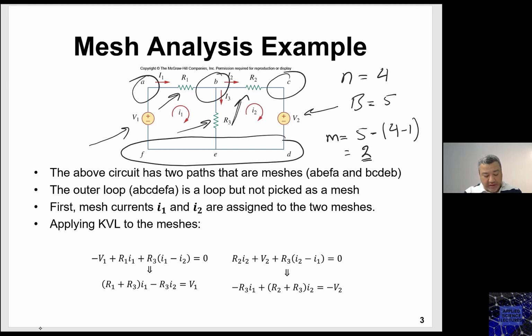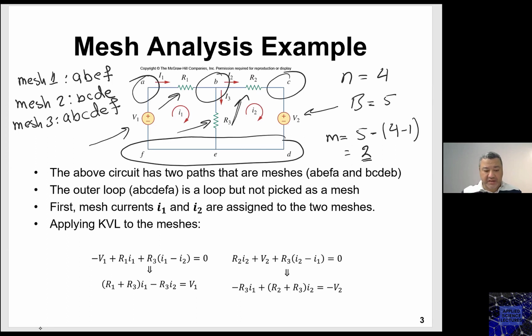So mesh number 1 is A, B, E, F. I can say mesh number 2 is B, C, D, E. And I can also say that I have a third mesh, mesh number 3, as the bigger one, A, B, C, D, E, F.